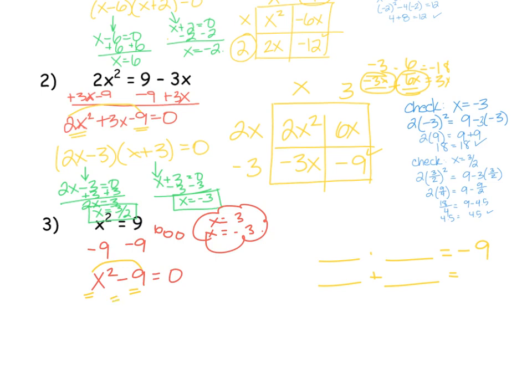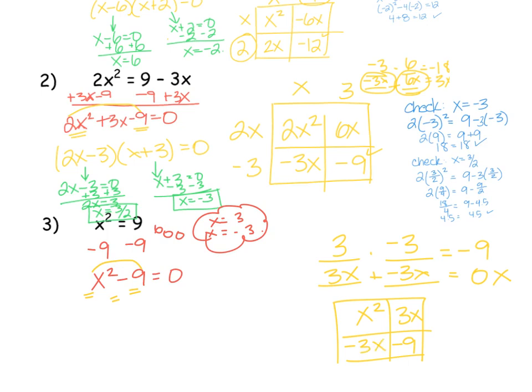I don't have an x term here, so that's 0x. So I'm looking for 2 numbers that multiply to negative 9 and add to 0x. Those numbers are 3x and negative 3x. Using the reverse box factoring method, I get x squared in the top left, negative 9 in the bottom right, and then 3x and negative 3x to add to 0.